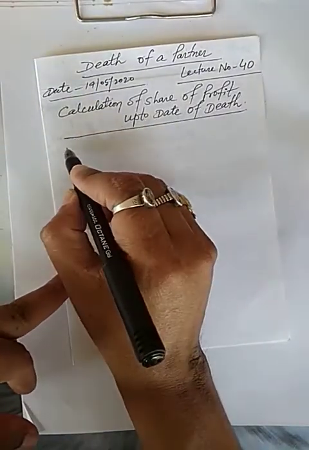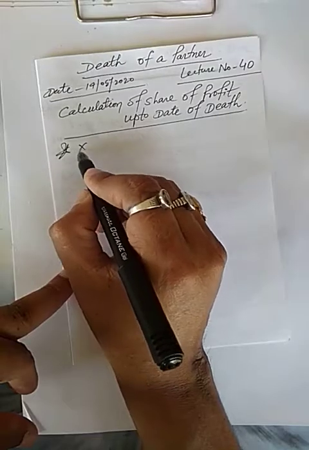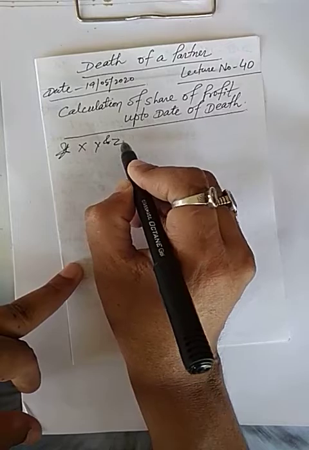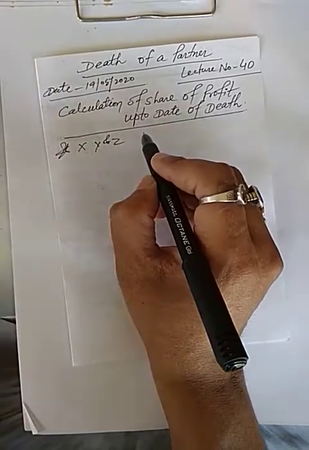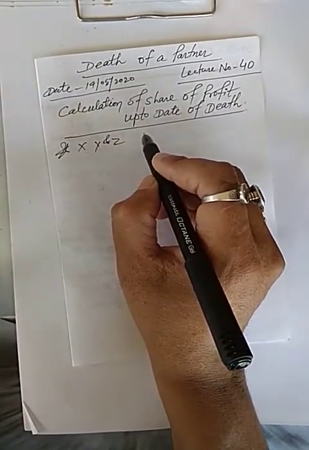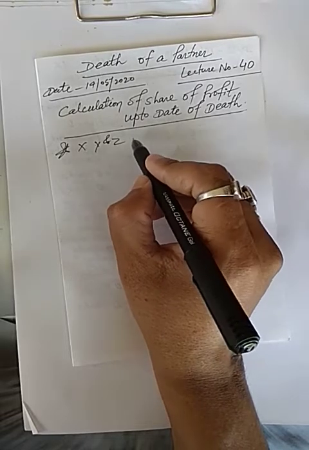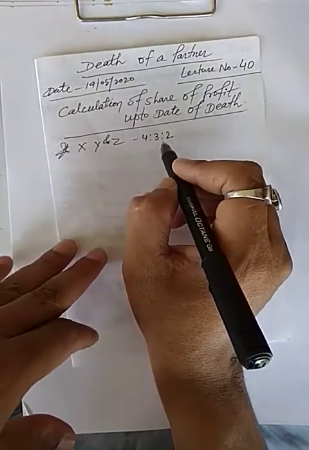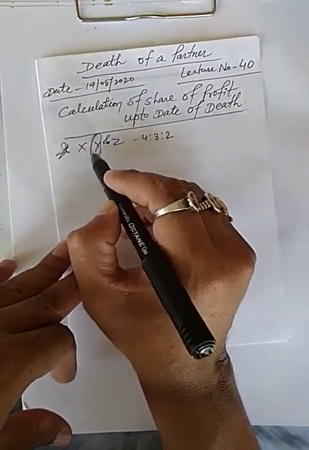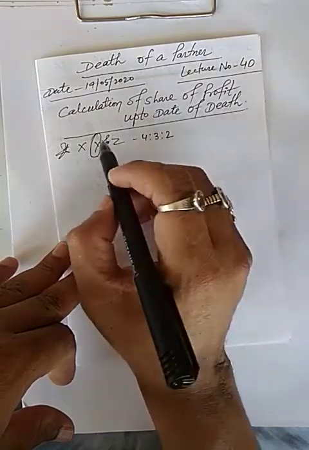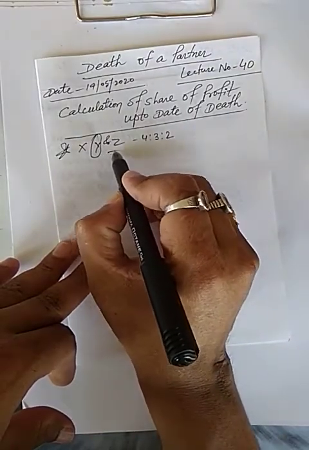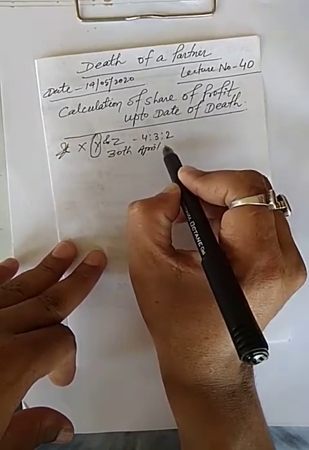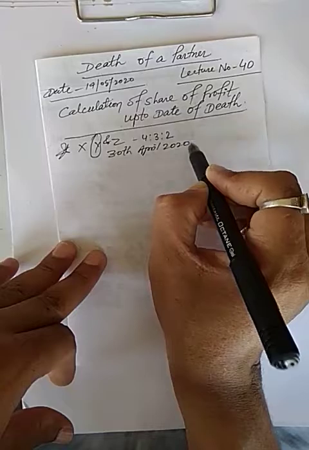Suppose X, Y and Z are partners in a firm in the ratio of 4:3:2. Y dies on 30th April 2020.